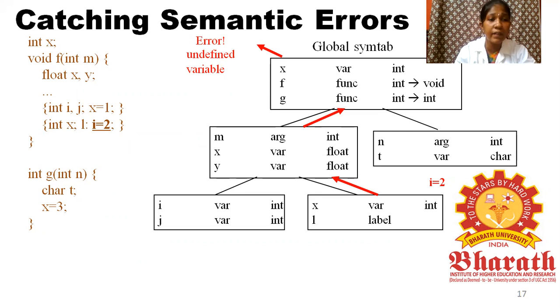We have given int I comma j, but int x comma didn't label again, so I equal to 2 is always going to be flagged as an undefined variable. So a semantic error is having the same names, and an undefined variable is also one of the semantic errors.